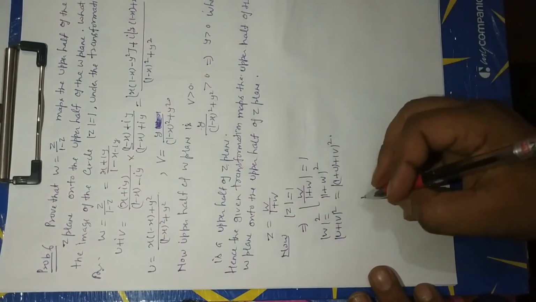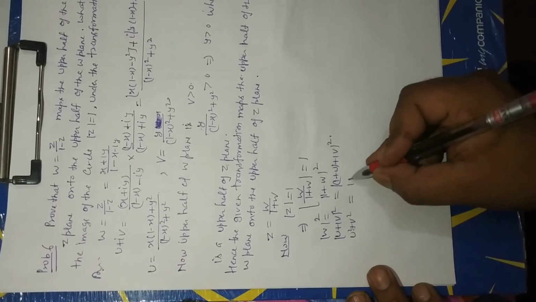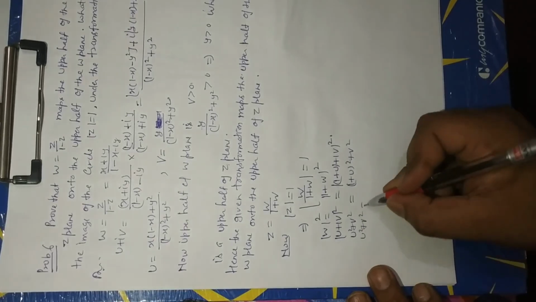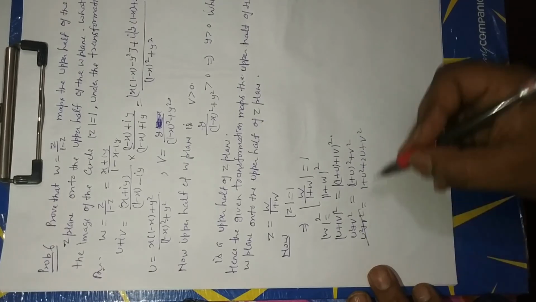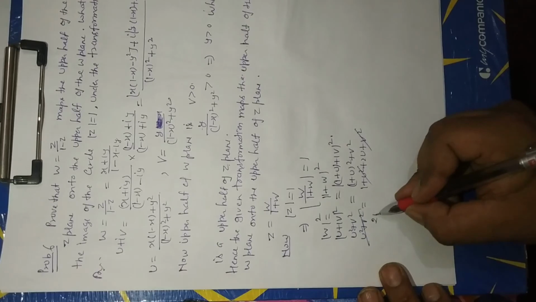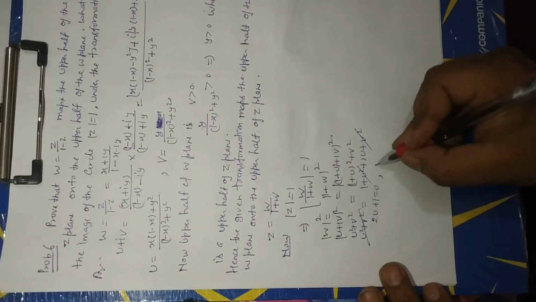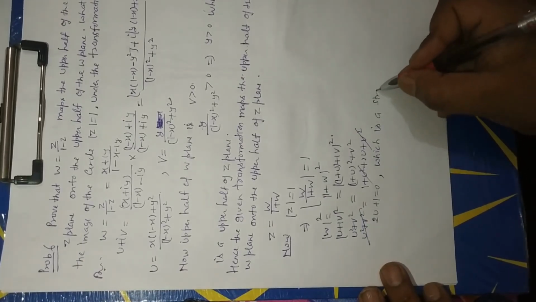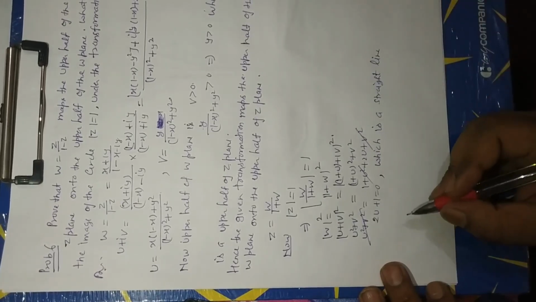That is u square plus v square equals (1 plus u) square plus v square, that is u square plus v square equals 1 plus u square plus 2u plus v square. The u square and v square cancel on both sides. Now we get 2u plus 1 is equal to 0, which is a straight line in the w plane.